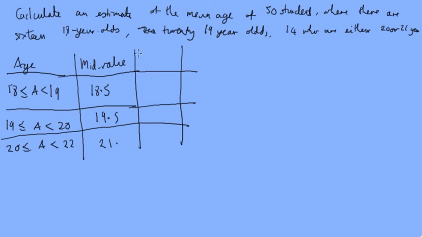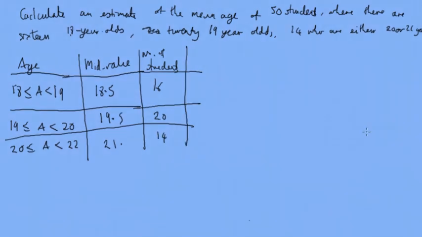And now we've got the number of students (16, 20 and 14). So the number of students is our frequency. So the sum of the frequencies is going to be 50.